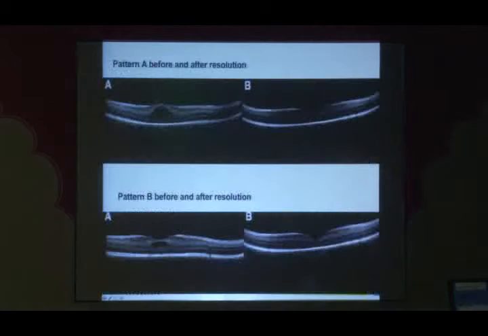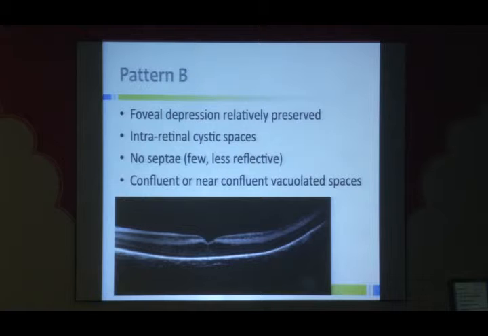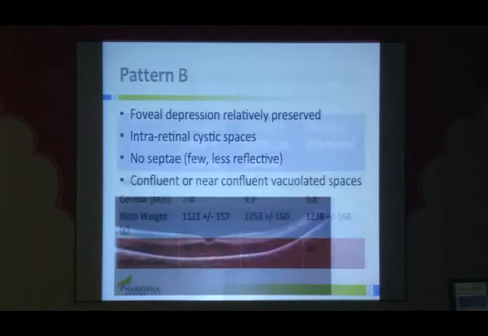Type A is when there is complete disruption of the foveal bend, and type B where there are a few intraretinal cysts. The interesting part of both these types of edema is that it spontaneously goes away by the time the child is about 3 months corrected age. But does this influence vision? That's something we need to see. Pattern A resembles cystoid macular edema of adults, and pattern B looks like a less severe form of CME.